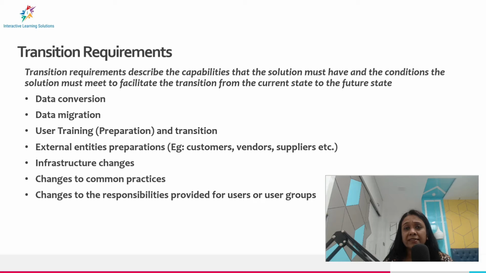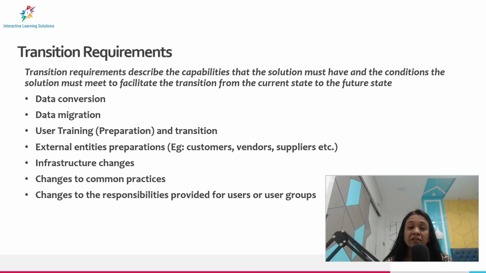So in that case, convert the data, add some information in that data, and migrate it to the new system. So this project basically involved data migration plus data conversion, where he was asking us to convert the data into a particular format.